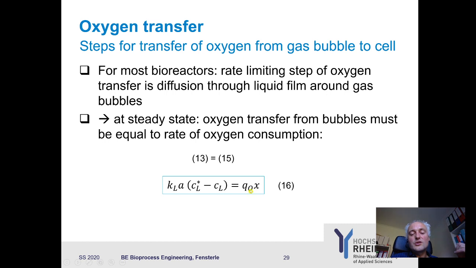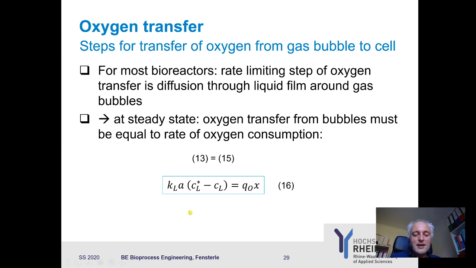So if we say Q0 is constant, we can calculate how high we can go with our biomass concentration if we have a fixed KLa value. In other words, if I have a certain bioreactor which can at maximum achieve a certain transfer given by this KLa, then I can calculate what biomass concentration I can achieve in this system.